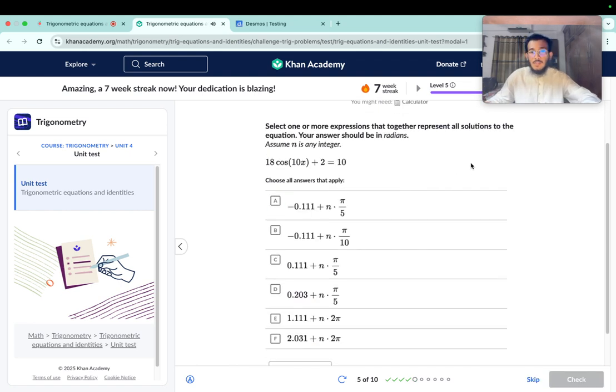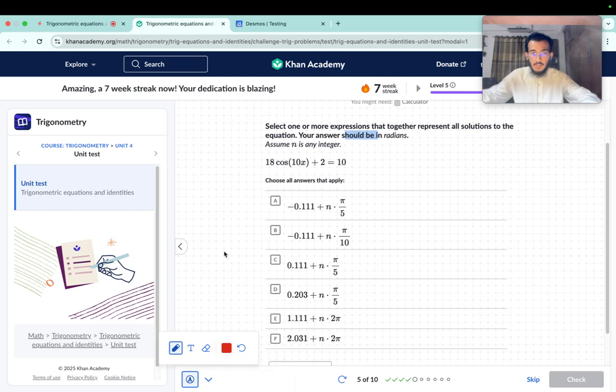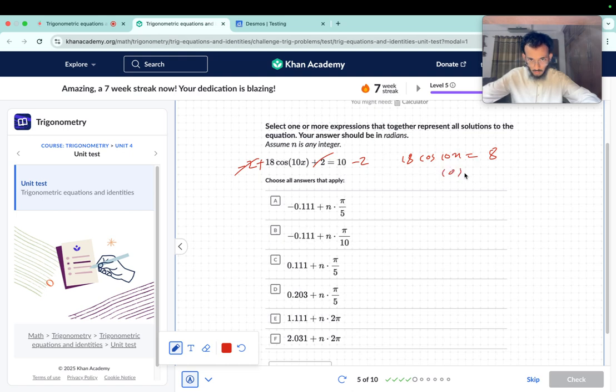Select one or more expressions that together represent all the solutions to the equation. Your answer should be in radians. We have to make this one the subject, cos 10x. So 18 cos 10x equals 8, because we subtract 2 from both sides, so the 2 cancels. We are left with cos 10x equals 8 by 18.